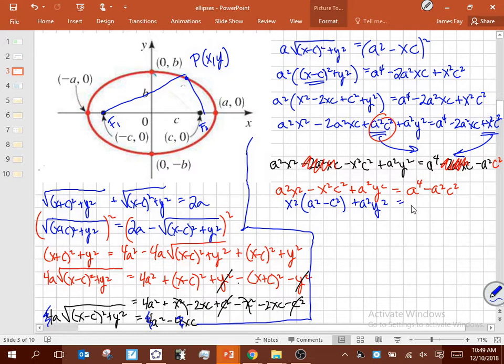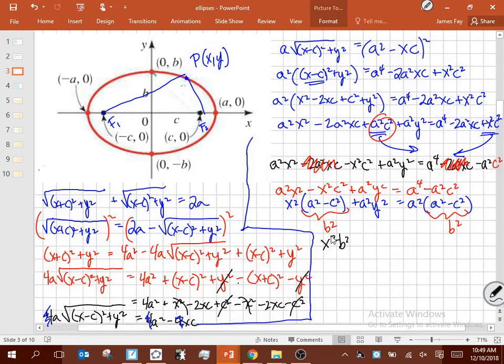Now if I look at these two, they have an a squared in them, so I'll take that out, and I'm left with a squared minus c squared. Well, that a squared minus c squared, that thing in the parentheses, is on both sides. So I'm going to rename that. I'm going to call that b squared. I'll call that b squared. It just makes the substitution here convenient. So now I make the algebra convenient.